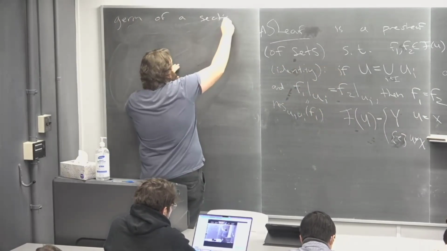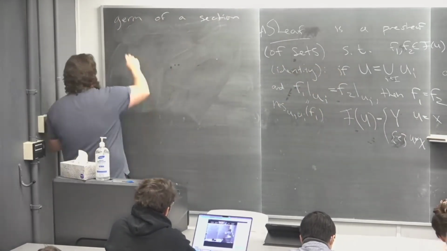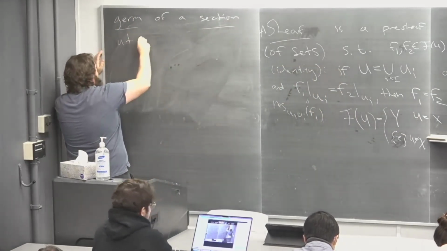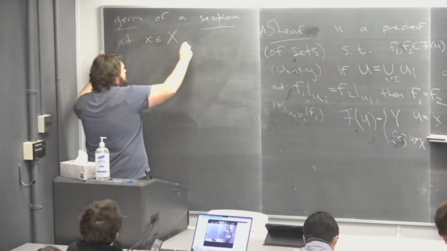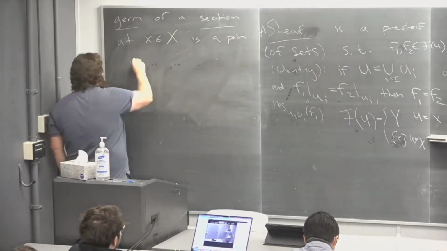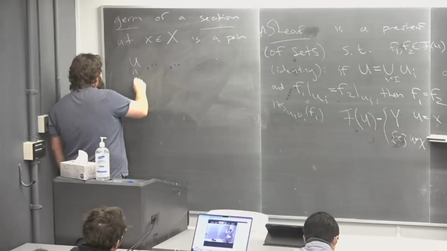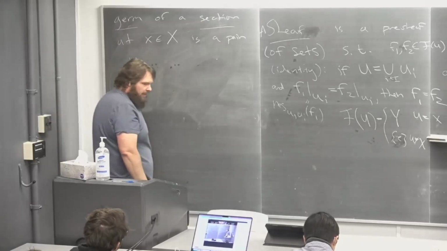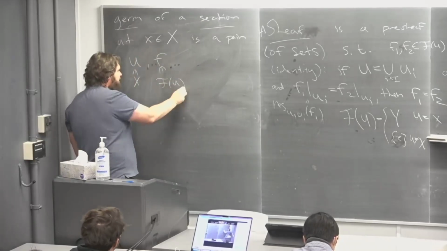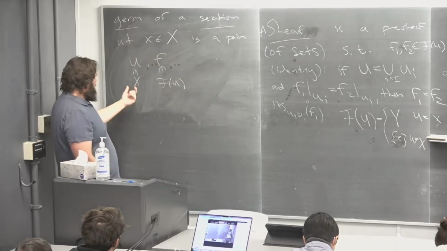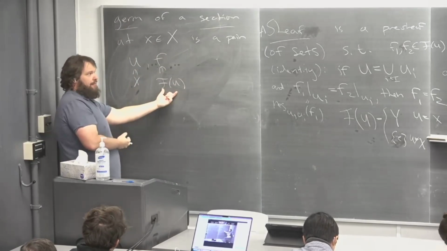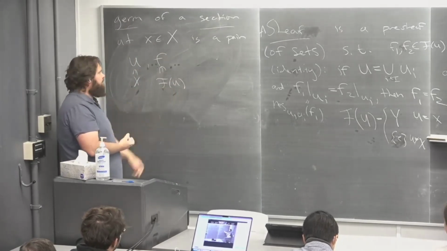Some of you might be familiar with the notion of a germ of a map. At an element X in X is a pair U, an open subset containing X, and F, a section of the sheaf on this open subset U. So I have a point X, I look at a little open neighborhood around it, and I take a function defined on that open neighborhood.